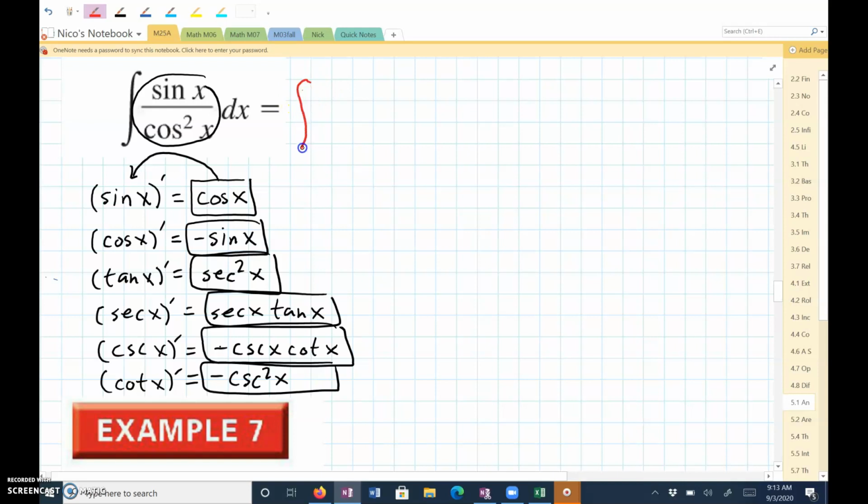So we're going to rewrite this, let's start with rewriting this as sine of x times 1 over cosine squared x dx. That's an identity.